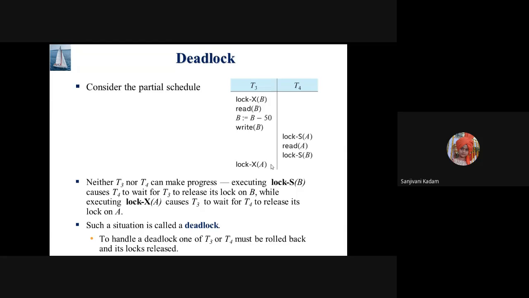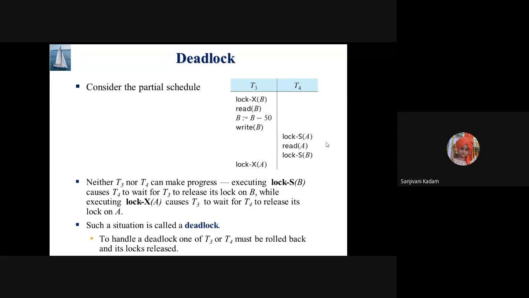So here we can see that T4 is waiting on B to perform reading, and T3 is waiting for A to perform writing. So it means that there is a circular wait. T3 waits for T4 to release, saying release B and give it to me, and T4 is waiting for B to be released by T3 so that it can get access.